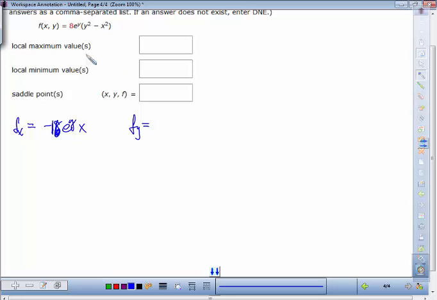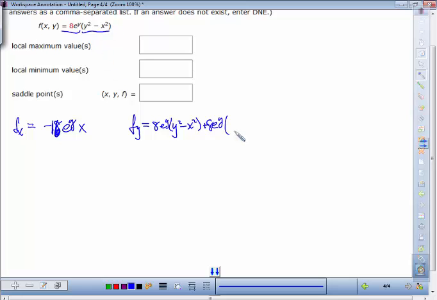Fy is something that we will have to use a product rule on. So let's treat this as two different functions that we're multiplying. So the derivative of the first times the second, plus the first times the derivative of the second.